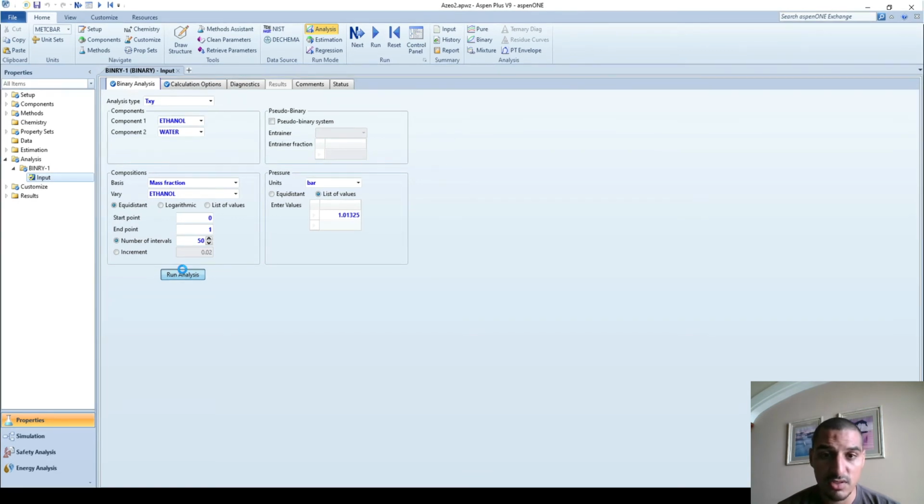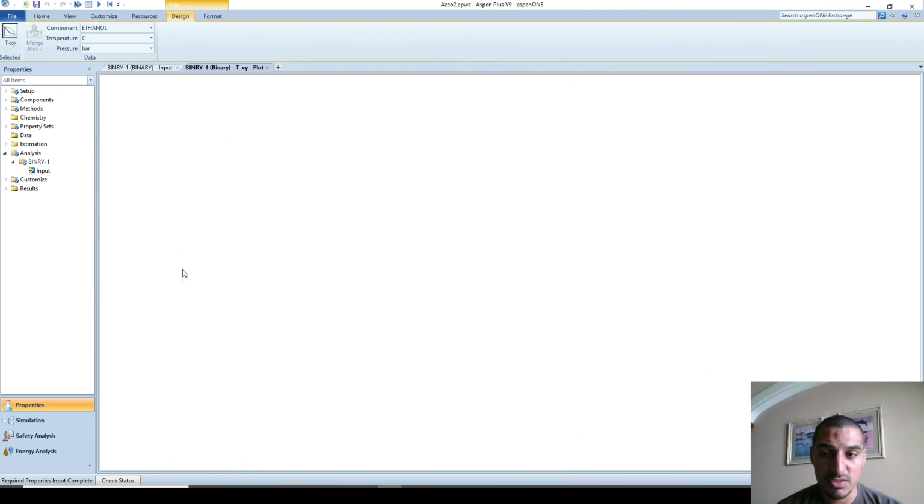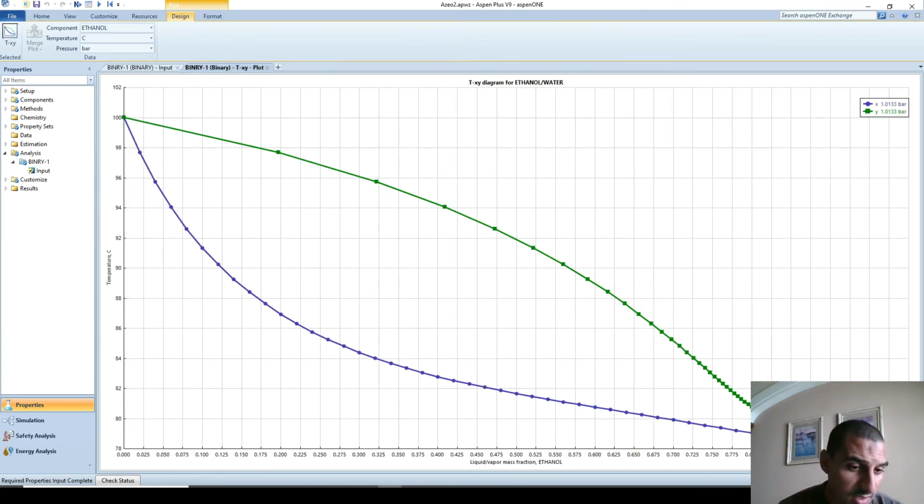I know that there's an azeotrope that will appear here, but I just want you to see how it looks, so you can expect that this is an azeotropic mixture. So this is what I meant. It's almost at 95%. If it's in mole percent, it's going to be something around 90, 88, something like this.